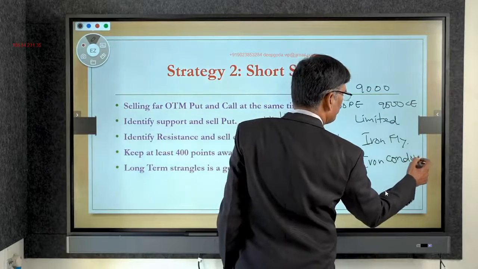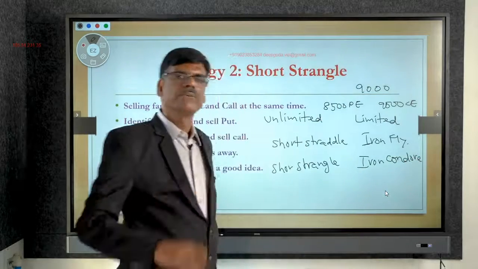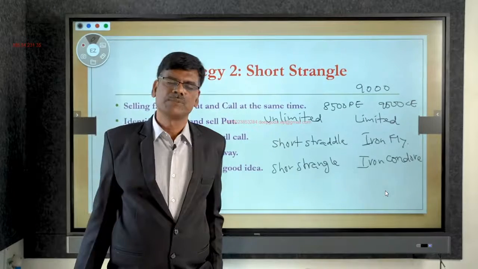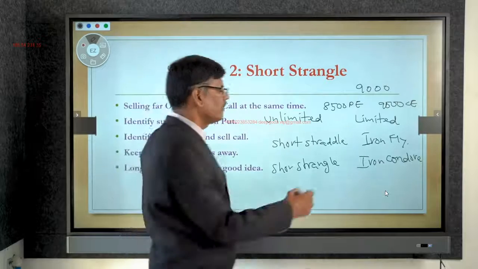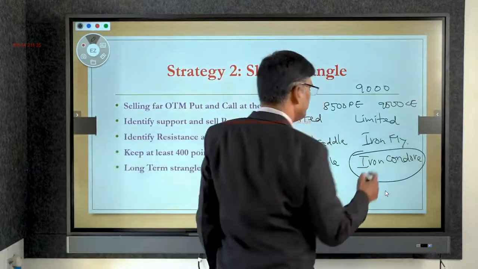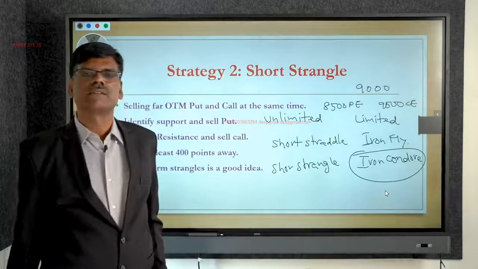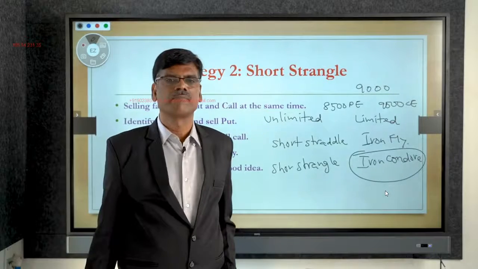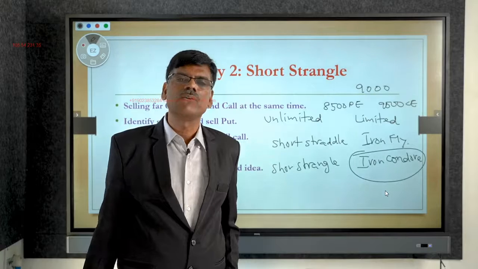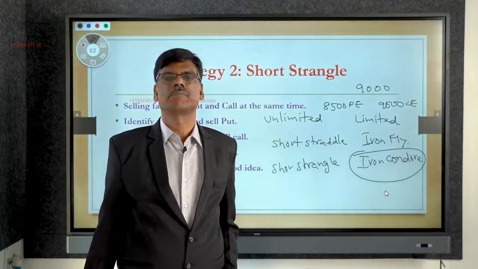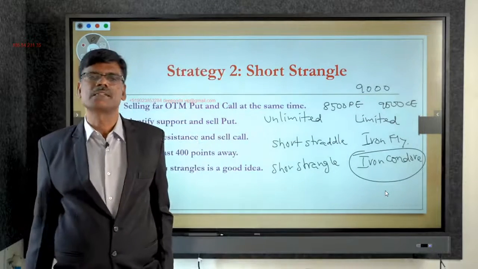Many of you are from the US, and I'm sure you must be trading in US markets. In US markets, iron condor is a very famous instrument that most people trade, because in the US most brokers do not allow you to take naked positions, especially if your account size is small.